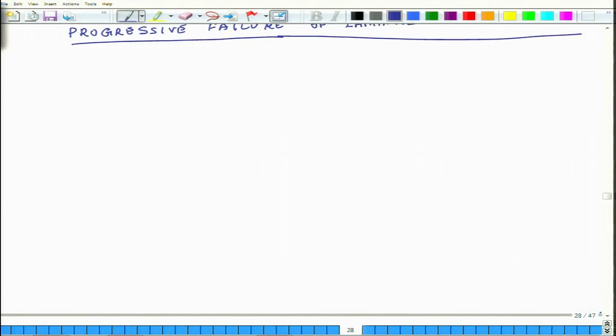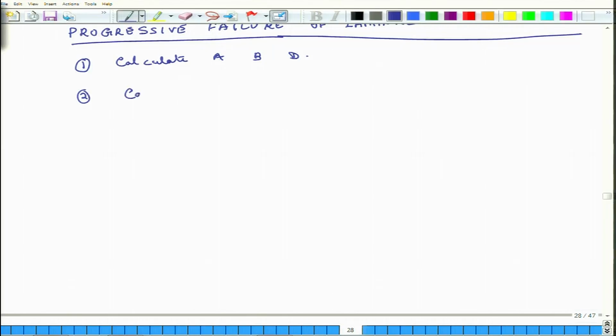So, we will just do the steps. First step, calculate A, B, D for the laminate which is not broken, which is a fresh thing.